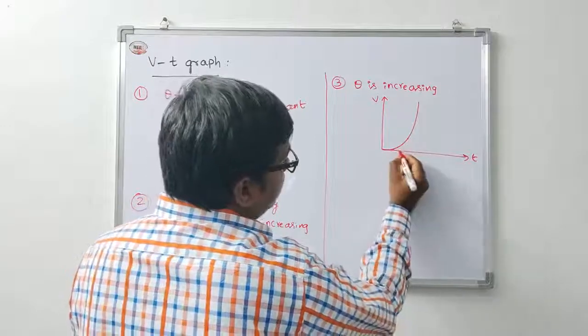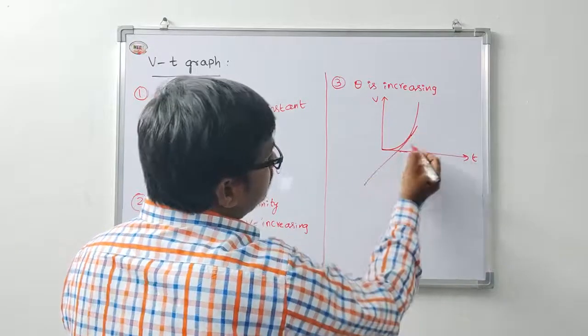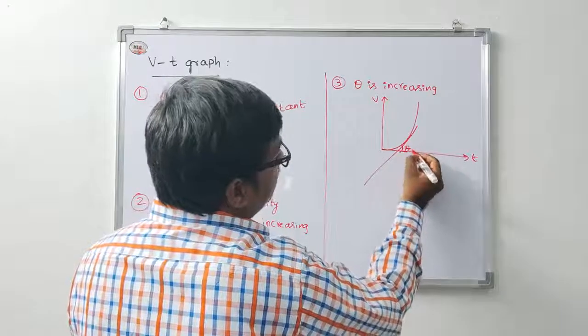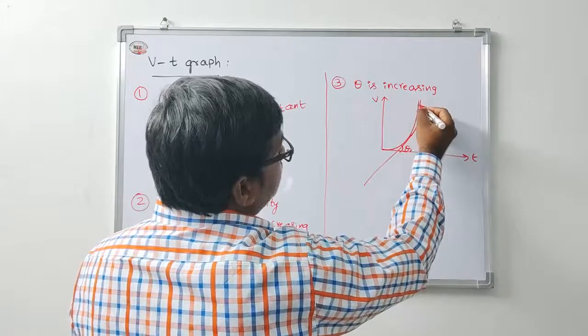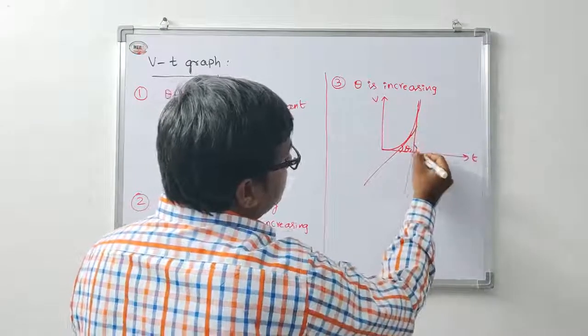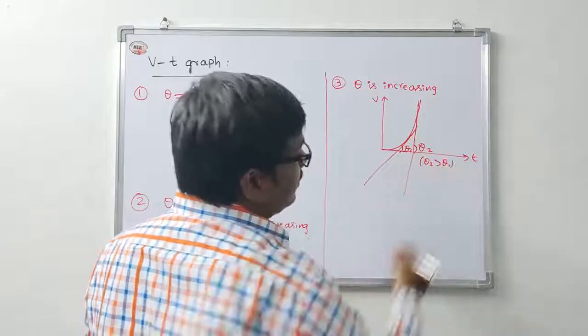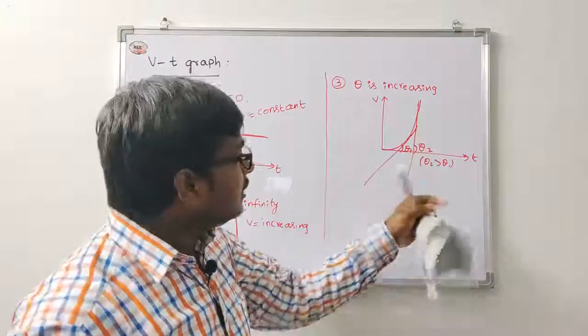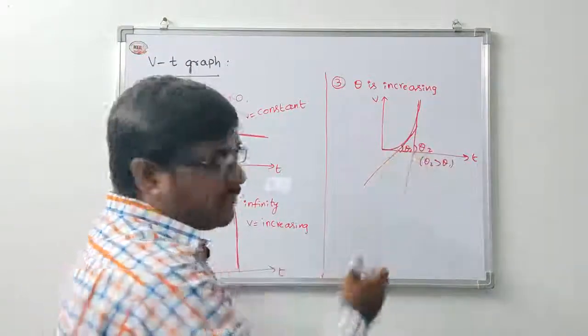We draw the tangent lines, students. This makes angle theta 1, and this is theta 2, because theta 2 is greater than theta 1. The tangent lines are drawn in this way.